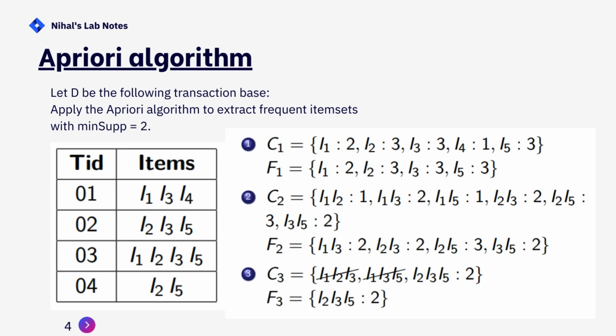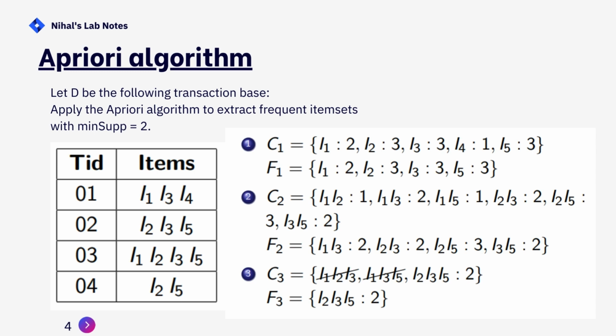So for I1, I2, I3, the support will be equal to 1. It appears in transaction 3. I1, I3, I5 also appears in transaction 3. I2, I3, I5 appears in transactions 3 and 2, so I2, I3, I5 has a support equal to 2.